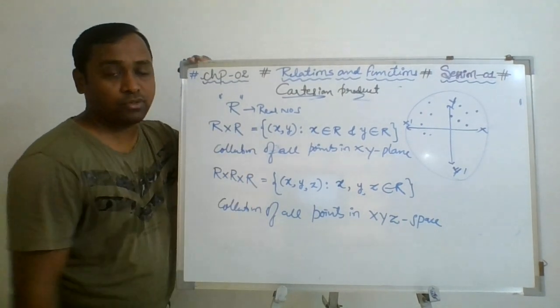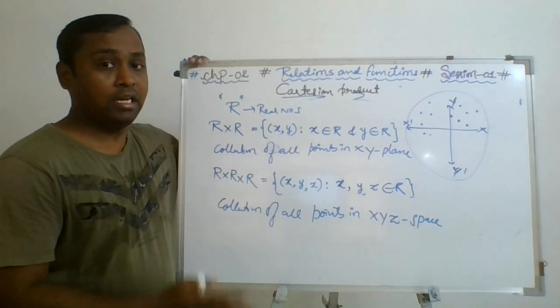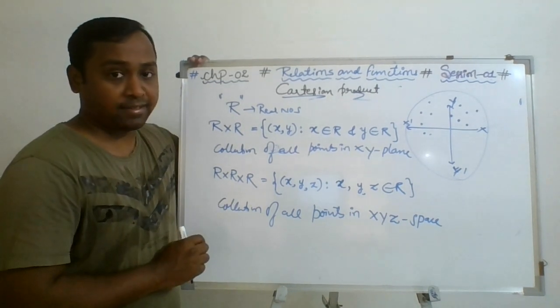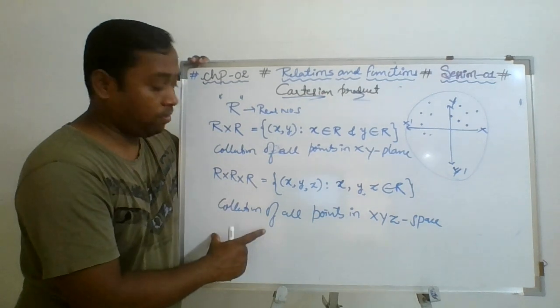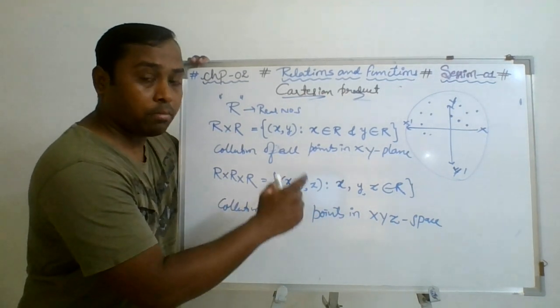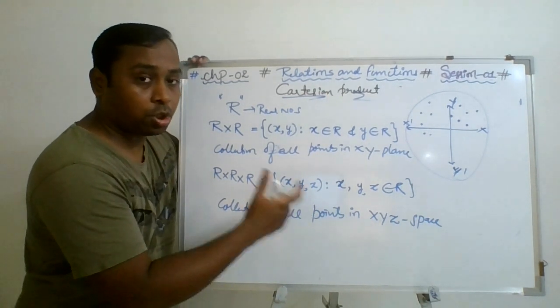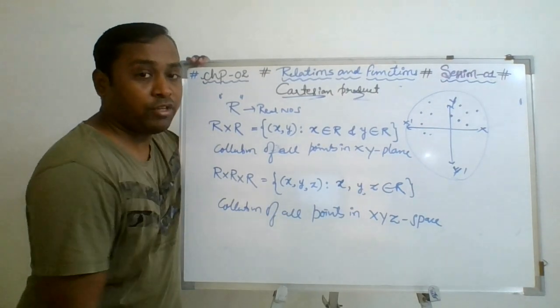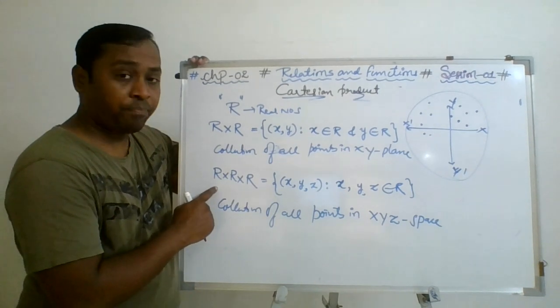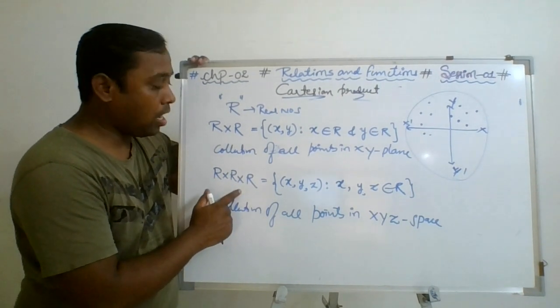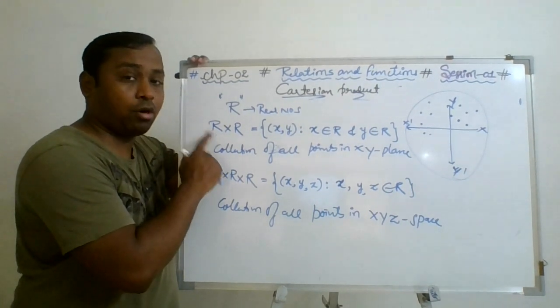Ultimately, x, y, z axes mean three-dimensional space. Hence, this gives the position of a point in x, y, z space. So this is the geometrical meaning of R cross R, and this is the geometrical meaning of R cross R cross R.